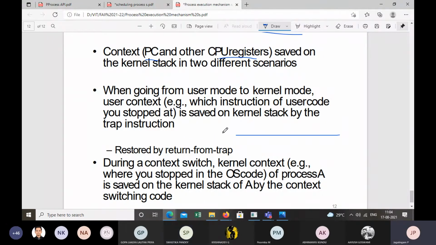There are two different scenarios where we save the context. One scenario is when the CPU moves from user mode to kernel mode, then we save the context. The other scenario is during the context switch. When we switch from process A to process B, at that point of time, we save the context.